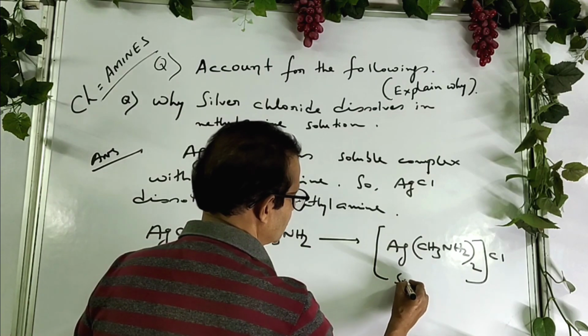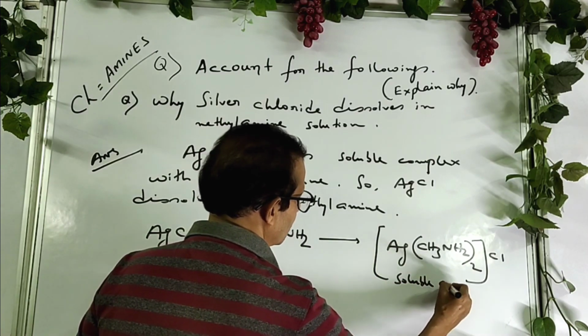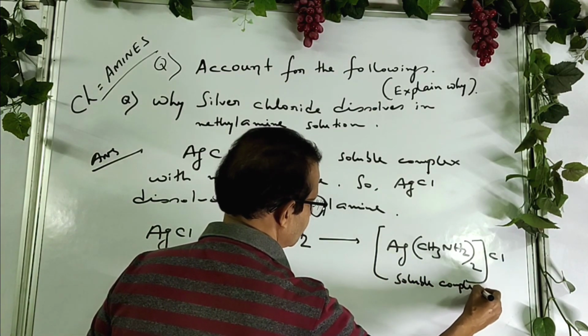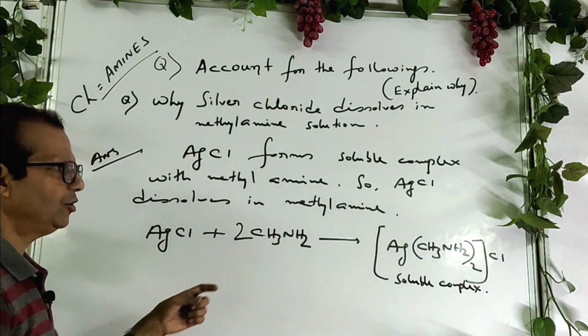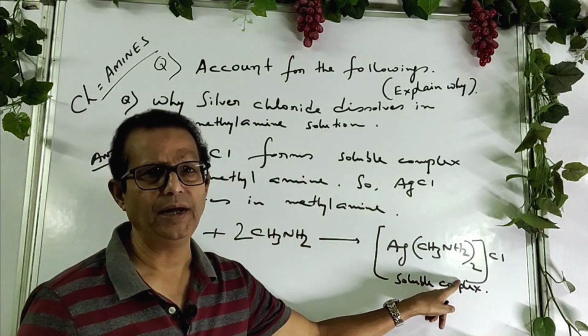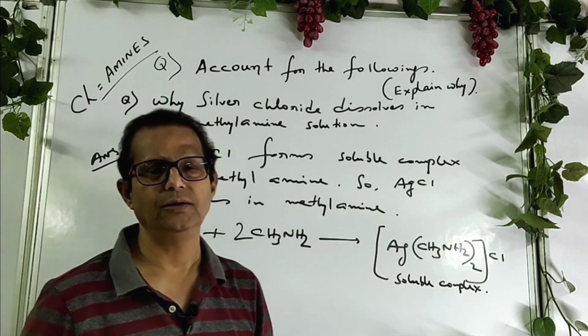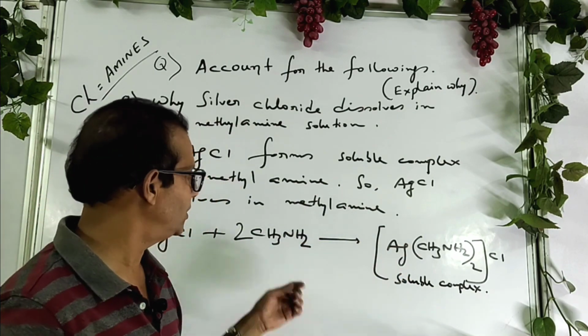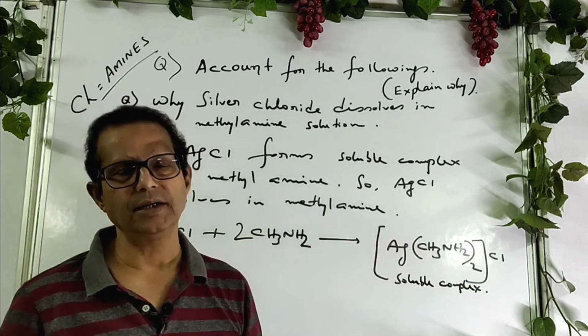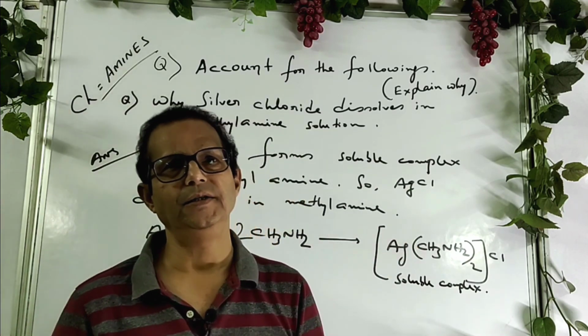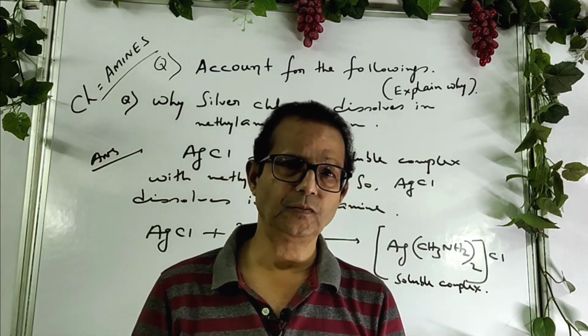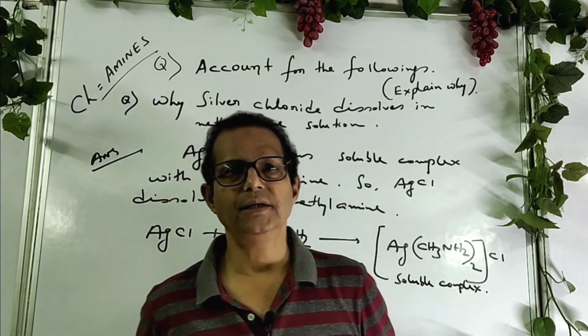This is the soluble complex. Due to the presence of this soluble complex, silver chloride easily dissolves in methylamine. So I think you understand.